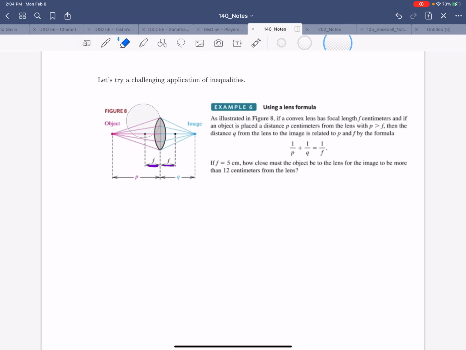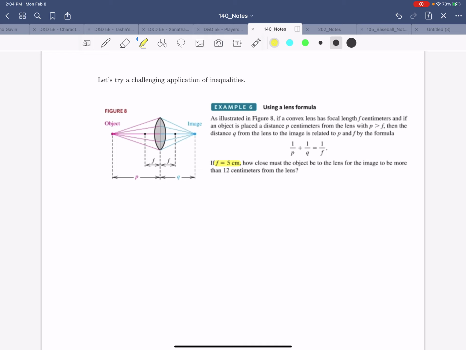So what we're going to do is solve the problem, right? If we have a lens with a certain focal point, in this case, f equals 5 centimeters, then we want to know how close we need to put the object to the lens so that the image is more than 12 centimeters from the lens.